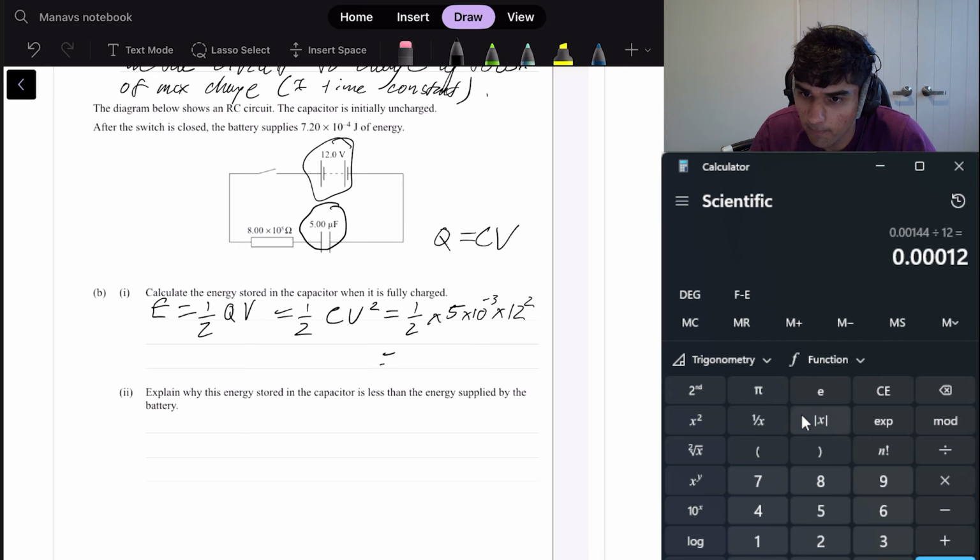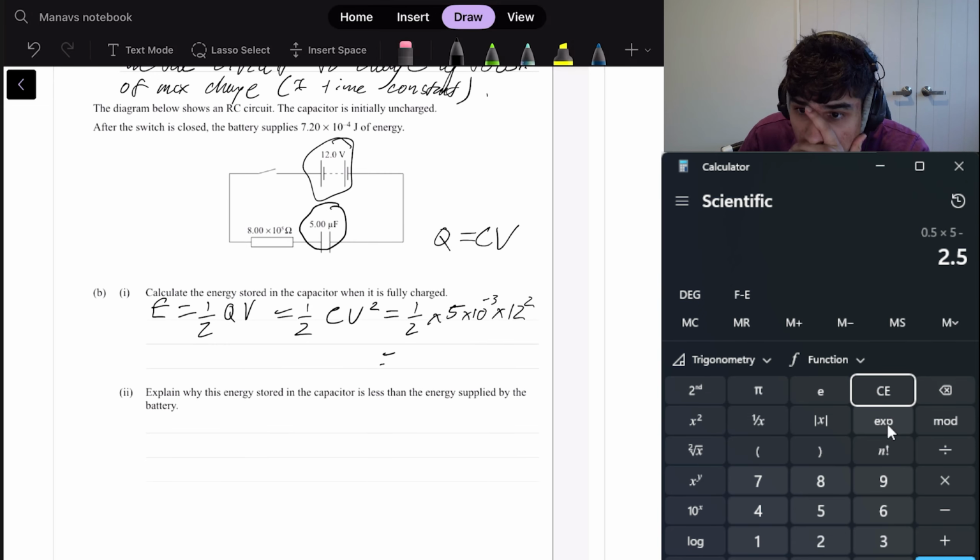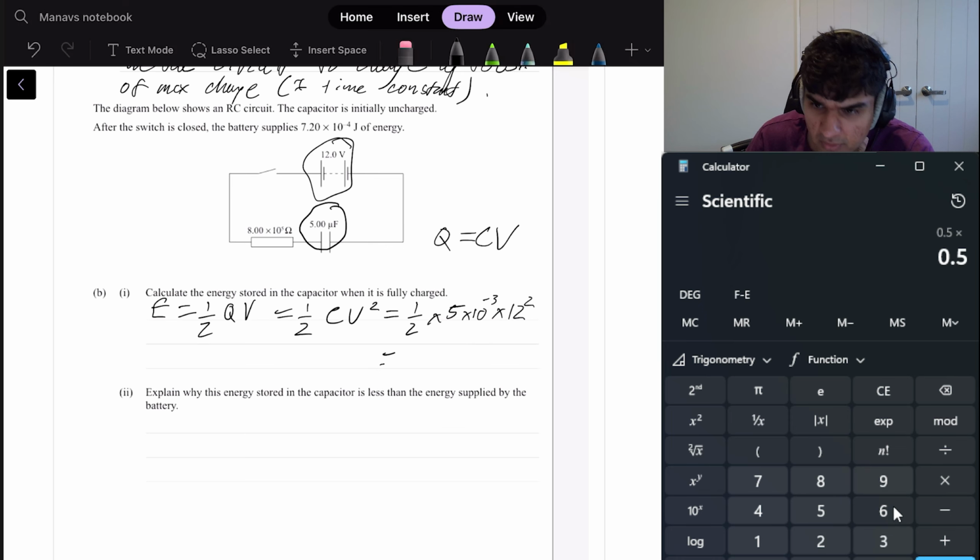I'm going to use a calculator here. Alright, so we've got 0.5 multiplied by 5 times 10 to the negative 3, times 12 squared.